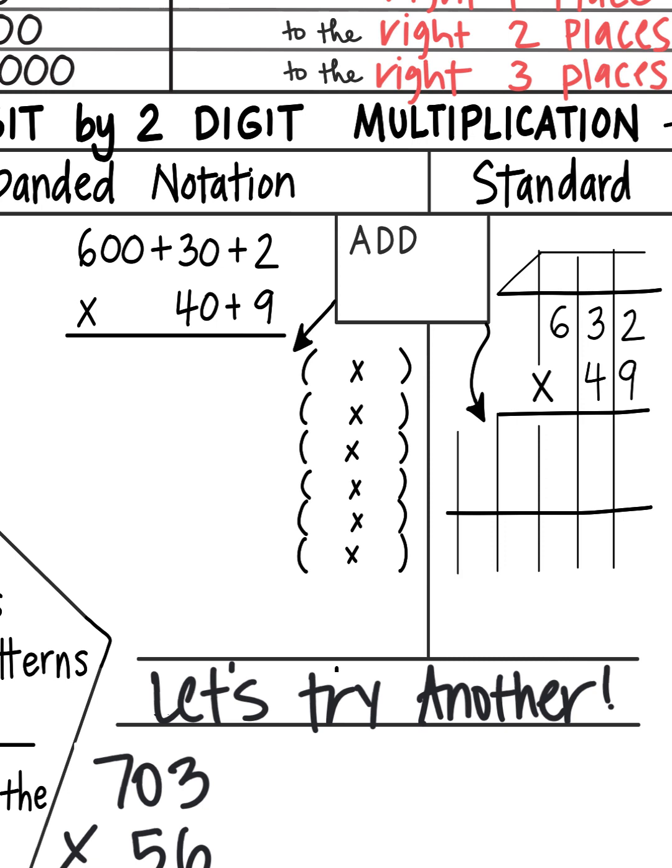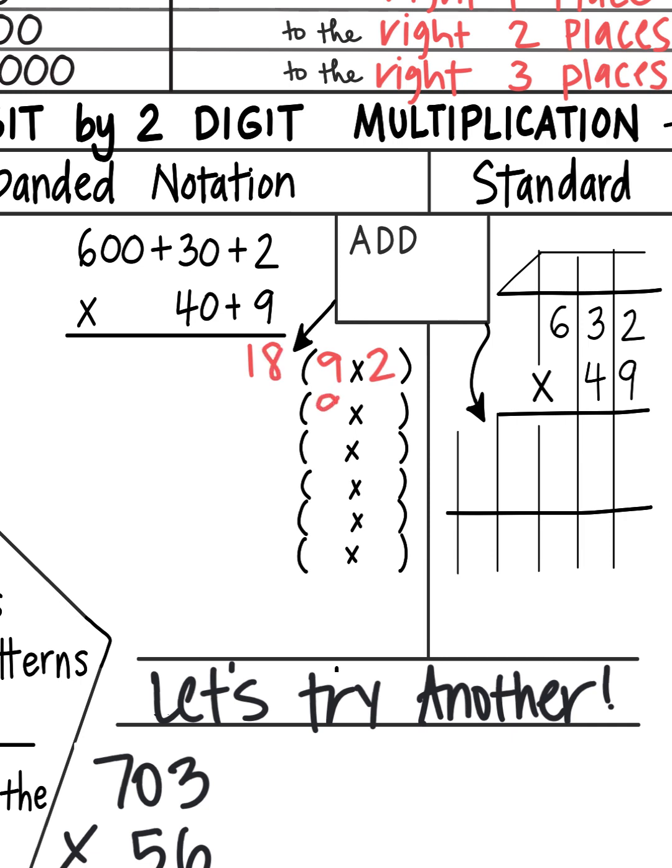And then I'm going to multiply it by 40 plus 9. So instead of doing 9 times 2 like we typically do, and then 9 times 3 and 9 times 6, I'm going to multiply the actual value of those digits in my original number. So I'm going to start with my ones place. I'm going to do 9 times 2, which is 18.